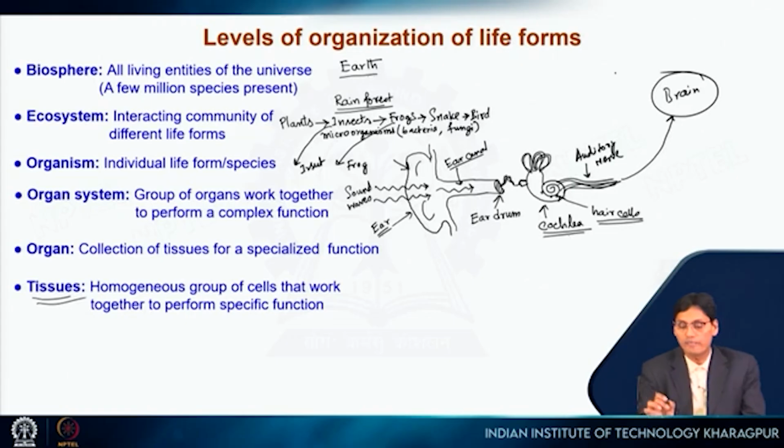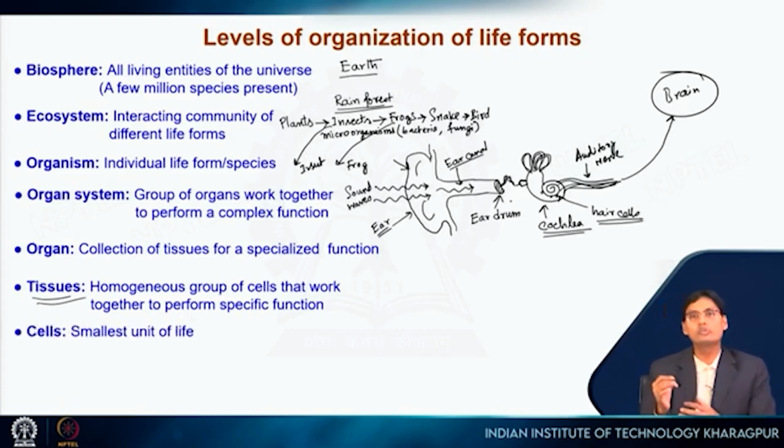But now what I want to mention is that this ear is an organ, and this eardrum has a specific type of cells which is a tissue. Then the cochlea has another type of tissue. Now if we go to the next level, the cell, the smallest unit of life. Cells are present everywhere.